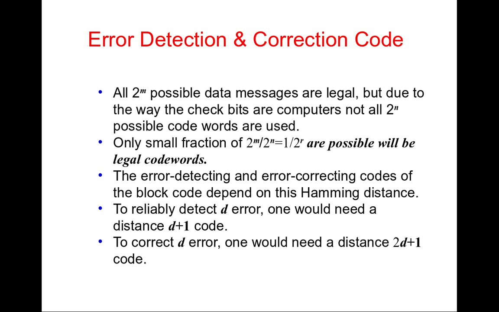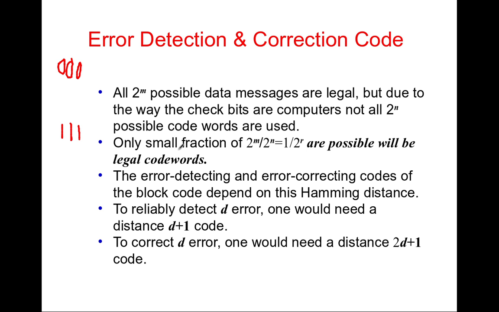For example, if you go from 0 0 0 to 7, that is 1 1 1, there will be many combinations. That is 0 to 7, so 8 different combinations are there. Here we are going according to binary format, but because of the way in which the check bits are computed, not all code words will be valid code words. And that's why we need to concentrate and see how the valid code words are calculated.